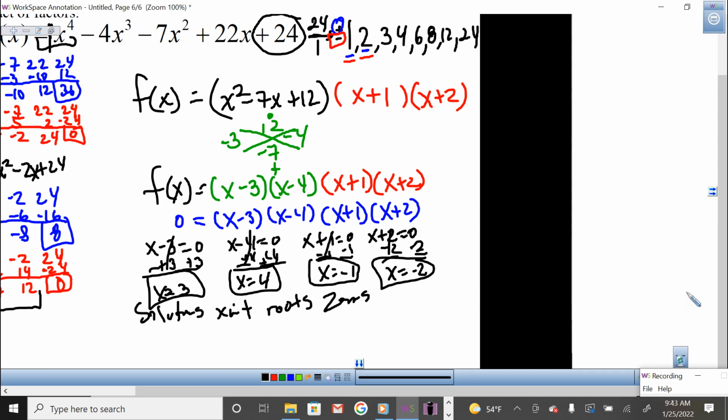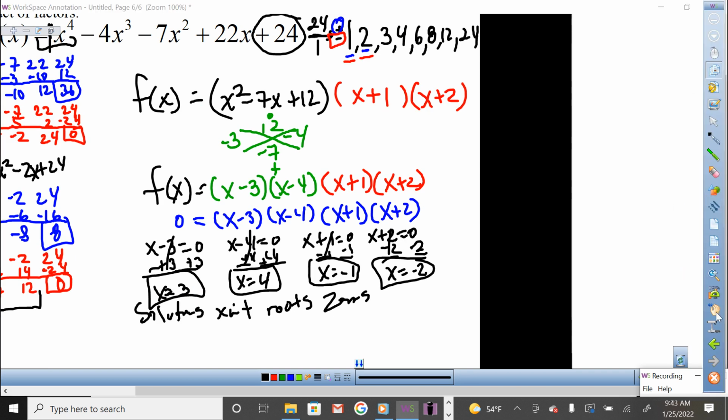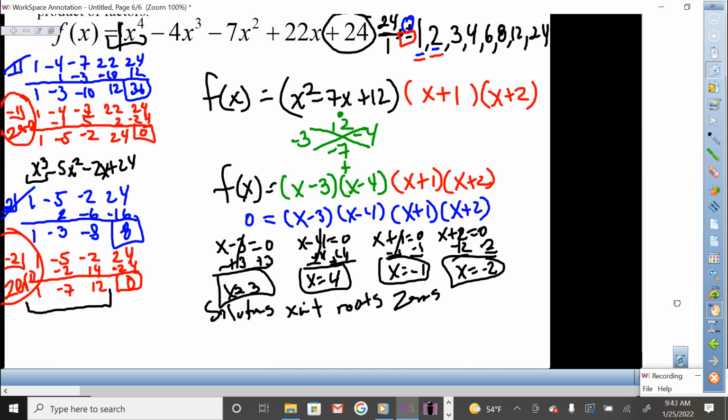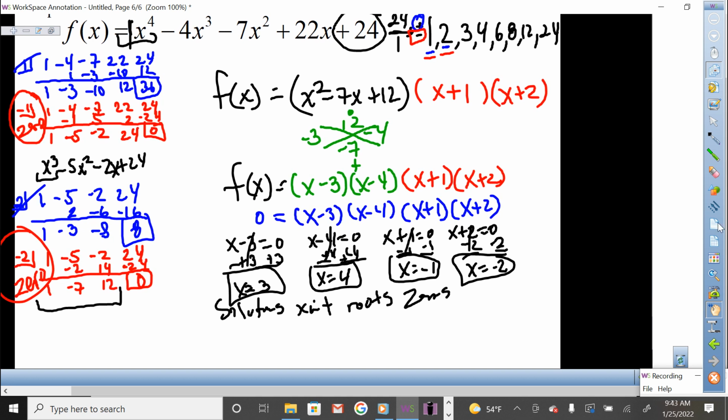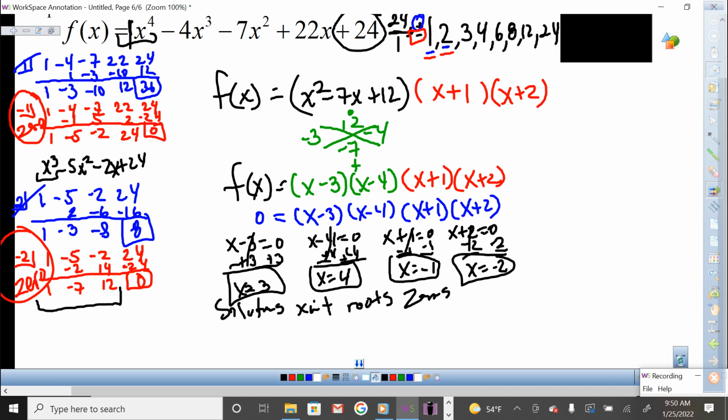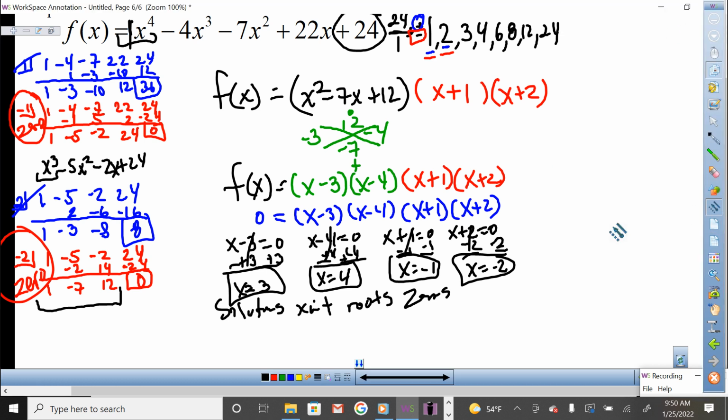All right, good. So let me make some room over here. I want to leave the work there so that you guys can see it. Before I get started with my graphing, look at the original polynomial function. What is the highest degree?